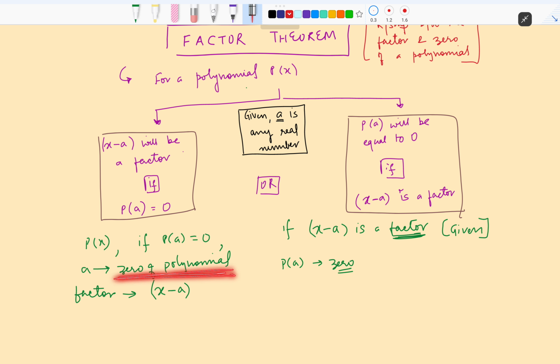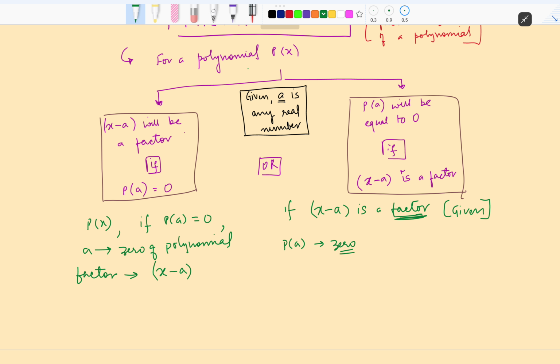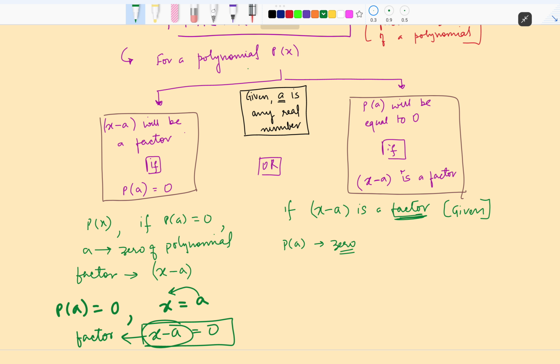So if the zero is given, then without thinking you can tell that the factor of this polynomial is going to be x minus a. Now how are we saying this? Look, a is the zero means p of a will be equal to 0 when x is equal to a, right? So how will we get the factor from here? Bring this a to this side and it becomes x minus a is equal to 0, right? And then this will be your factor. So if the value of x is given, which is a zero of the polynomial, from there you can find the factor of the polynomial.